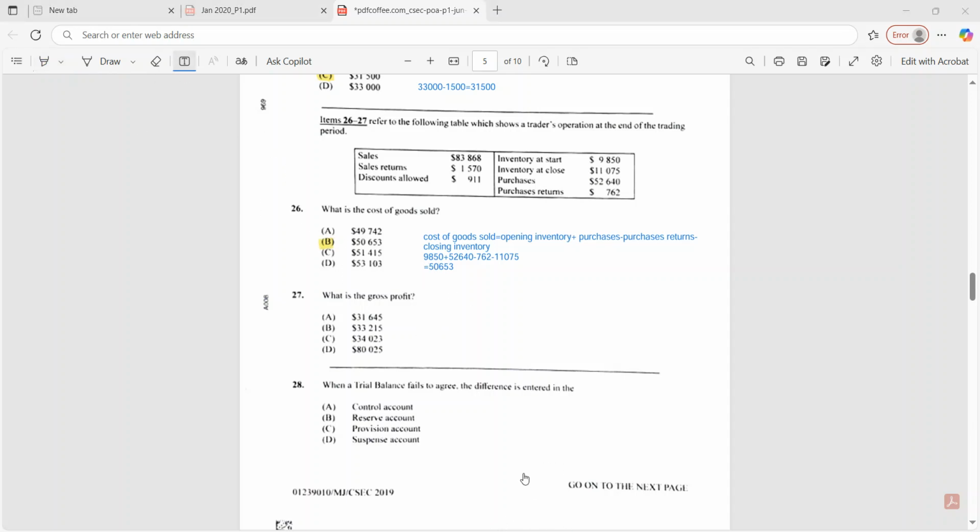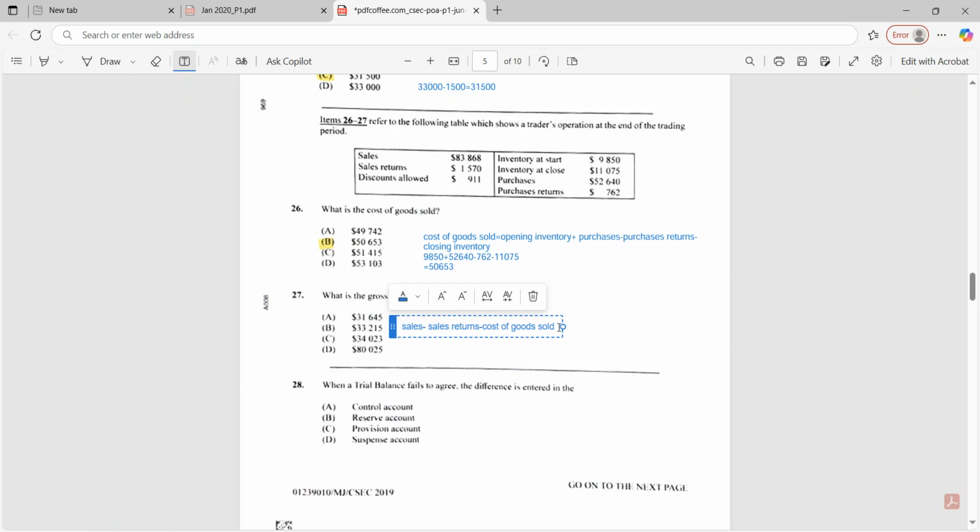So to calculate that, it's going to be sales minus cost of goods sold. And in this case, we have sales returns. So we also have to subtract the sales returns, because that means we did not sell those items.